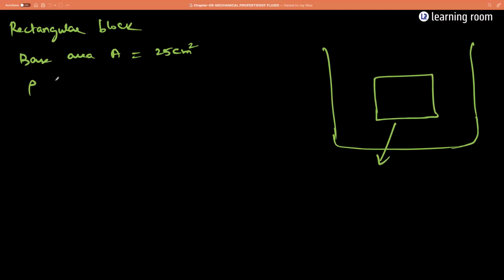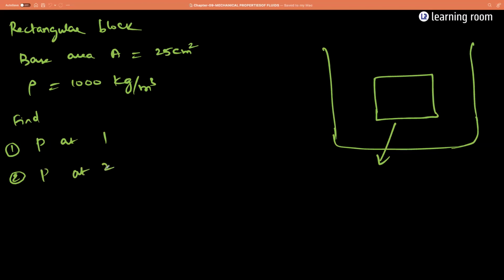It is submerged in water of density 1000 kilogram per meter cube. Find first, pressure at 1, P at 2. I'll tell you what those points are.